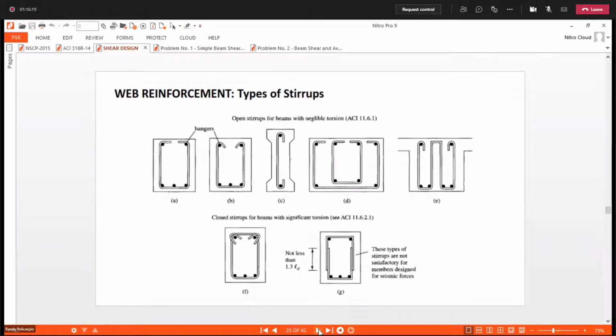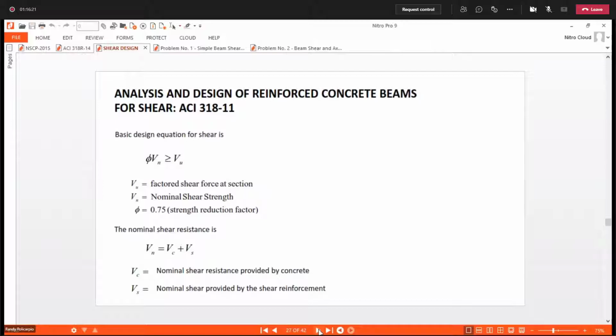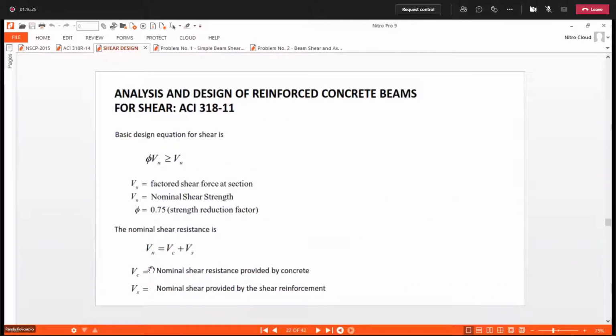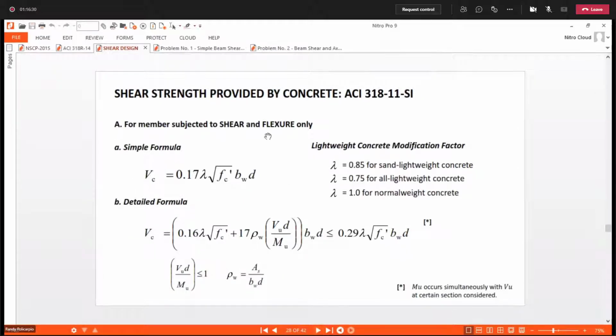So this is our equation. How do we get Vc? ACI recommends the following formulas for Vc.